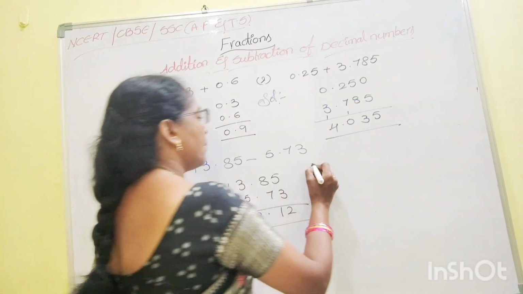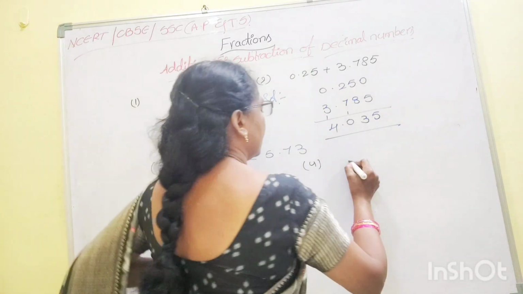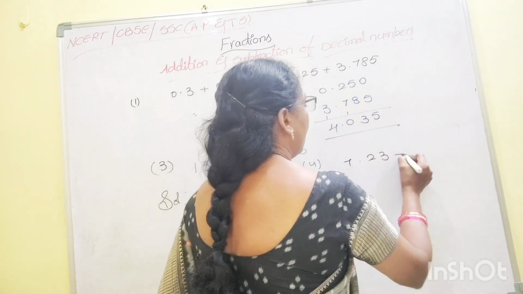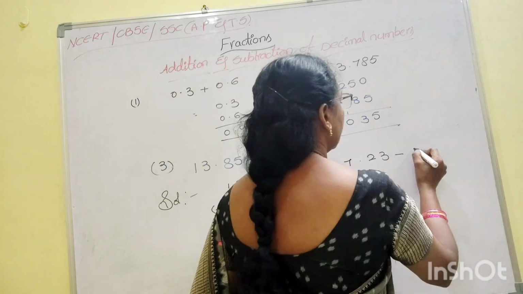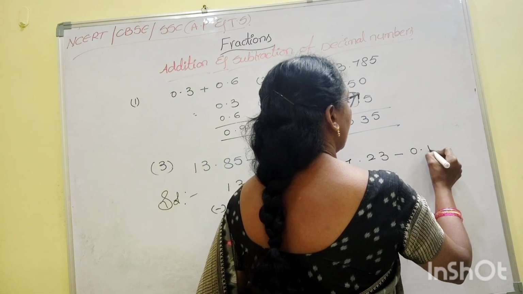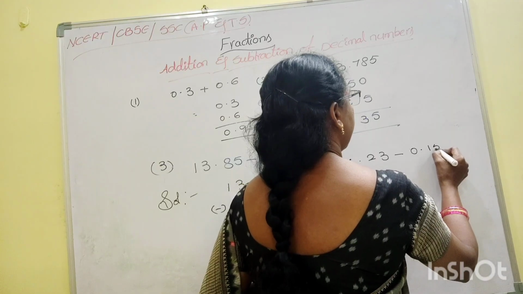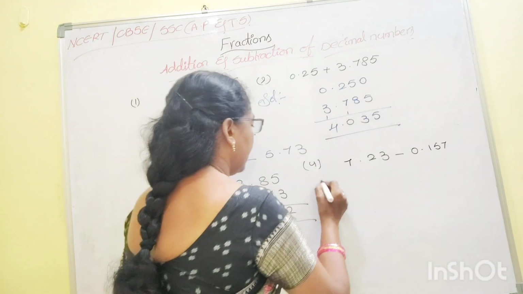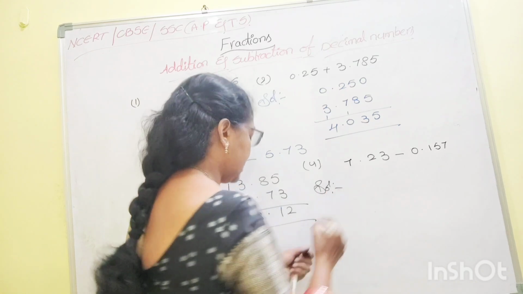And one more subtraction is here. 7.23 minus 0.157. How can you subtract? Now see the procedure here.